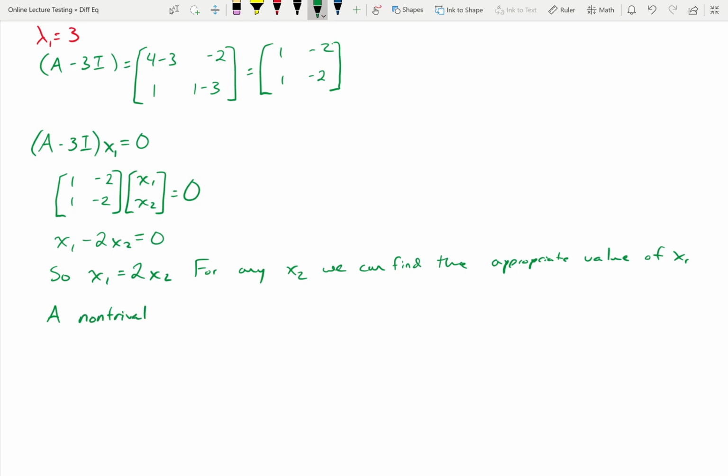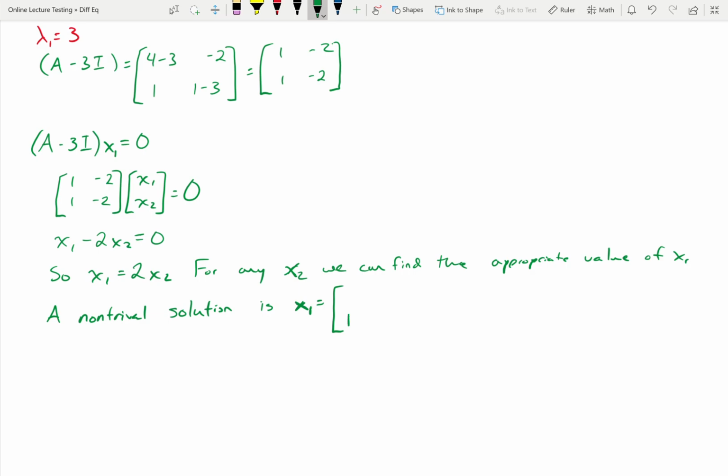So a non-trivial solution, so non-trivial means it's not 0. That's all we're saying. So a trivial solution here would be the vector 0, 0. So a non-trivial solution or a non-zero solution is... Now this is the hard part. x1 is talking about the vector, the eigenvector for this. And I'm trying to put a script to these guys as best as possible, and I'm trying to stay block letters as much as possible when talking about the eigenvectors.